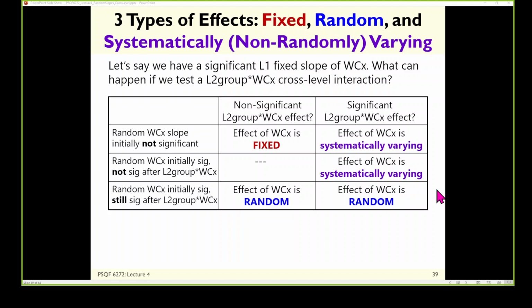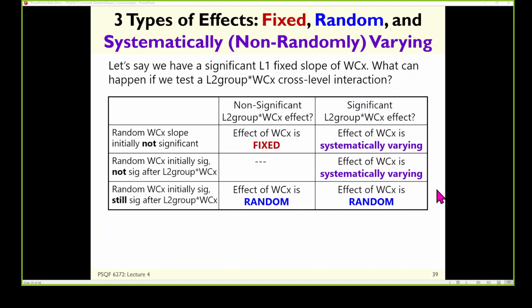Yeah, I would. I've actually done some simulations to look at this, and if you kick it out and it's still not completely zero, then the type 1 error rates go haywire. You need to keep the little bit that's left if it's detectable. But if you do a likelihood ratio test and it says it's not significant anymore, then conceptually you could make the argument that you have explained all or nearly all of the slope variance that was there with your cross-level interaction.